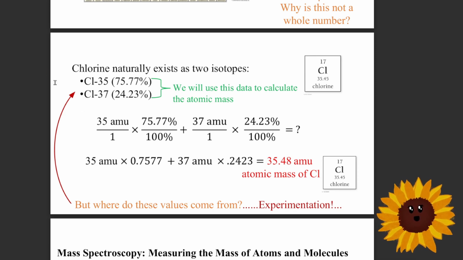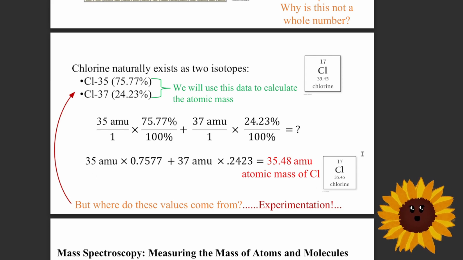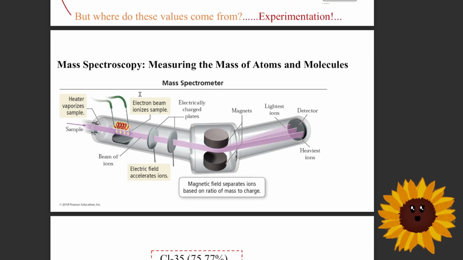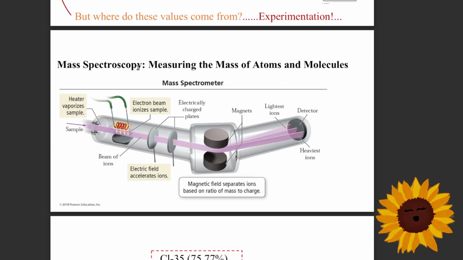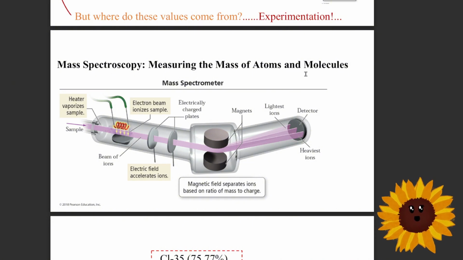Where do these come from to start with? Because now we know our atomic mass, but how did we even figure out these naturally occurring percentages in general? Actually, it is from mass spectroscopy. So mass spectroscopy, or mass spec, is measuring the mass of atoms and molecules.